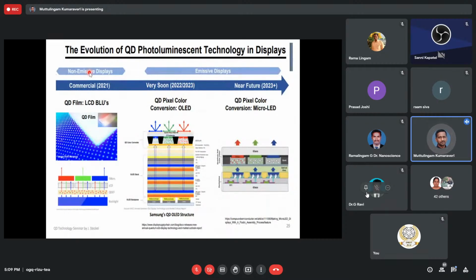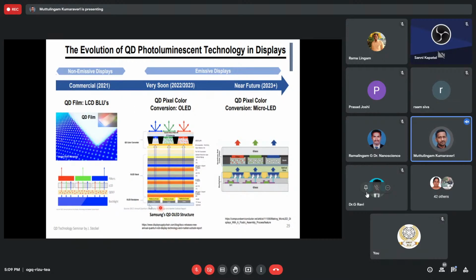This is the commercial product at the moment, with the blue backlight, the LCD TV and the QD enhanced filter.